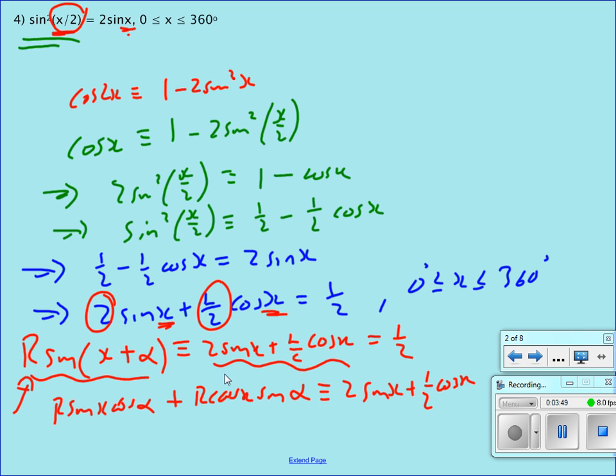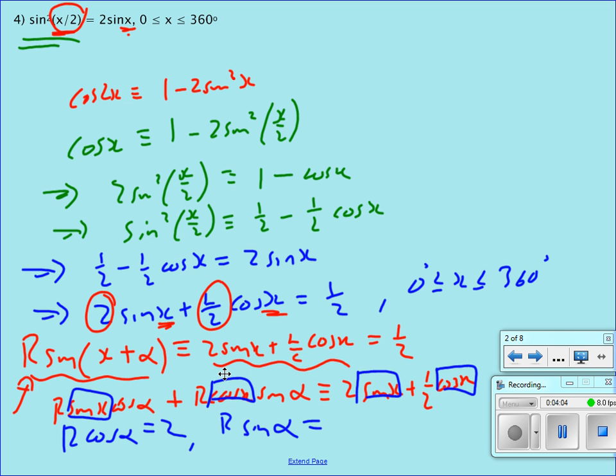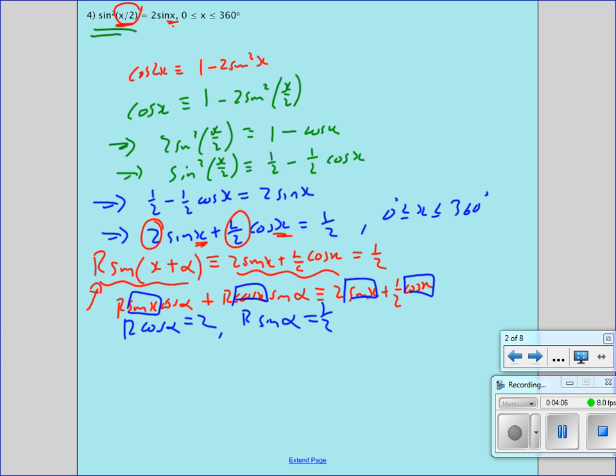So comparing coefficients, I've got sine x here and sine x here, so R cos alpha must equal 2, and R sine alpha, I've got cos x here and cos x here, must equal a half. So if I put them over each other, R sine alpha over R cos alpha is the same as tan alpha, which is the same as a half divided by 2, so that's 1 over 4.